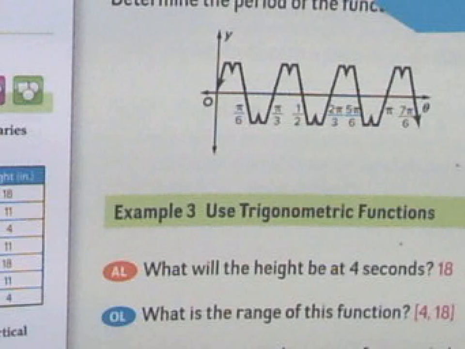If you can't see it, you can start at a measurement you can read. Personally, I would start where it crosses the x-axis at pi over 6 and see, okay, it's in between two of them. How do I follow that pattern until it's in between two of them again? What's the number it is? Do you see what I'm saying?